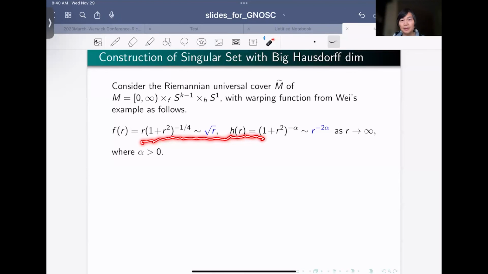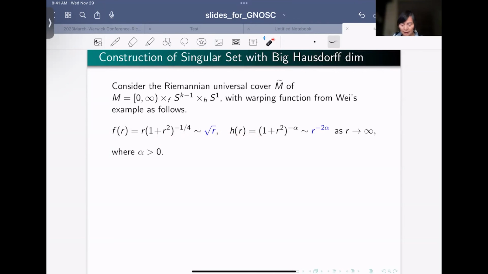So these are explicit and more concrete to work with, because in the Bourguignon construction, the function is not explicit. So as we said, H is decreasing, and F is increasing, and it's like this. It's important that F does not increase as much as in the usual Euclidean case like R. So intuitively you borrow some of the positive curvature from Euclidean to get the S1 in here.